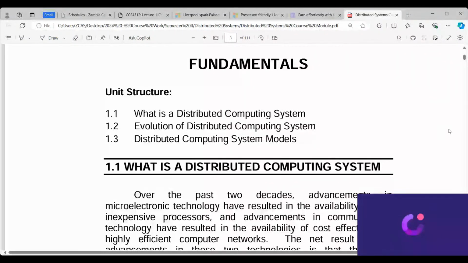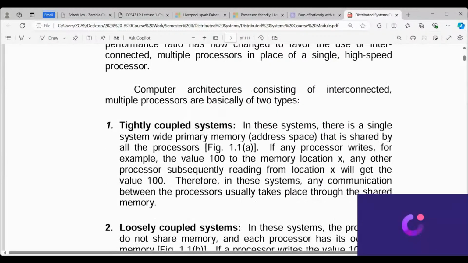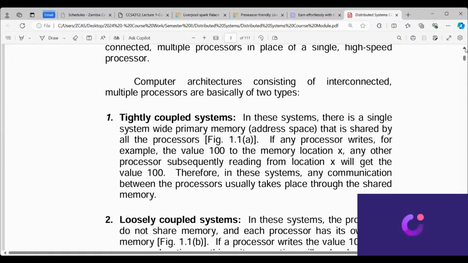But before we go straight to that, the main aspect we looked at was that the computer architecture basically consists of interconnected multiple processors.